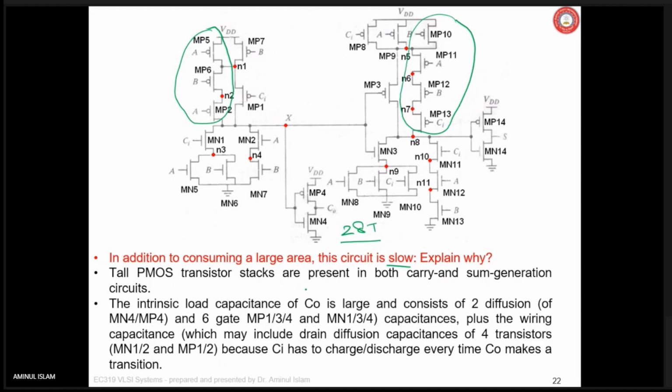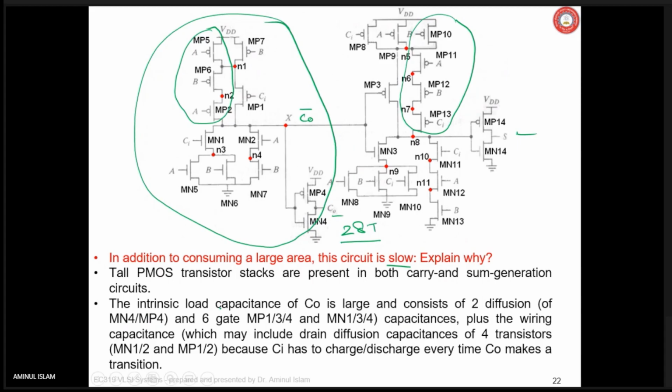Tall PMOS transistor stacks are present in both carry and sum generation circuits. This part is carry generation circuit. Here is your CO bar, and here is CO, and sum is here.